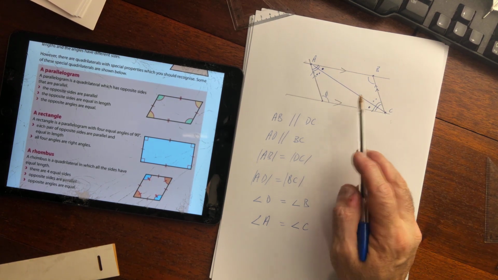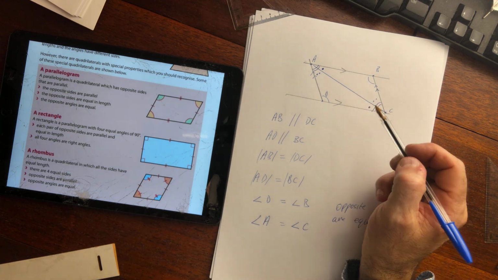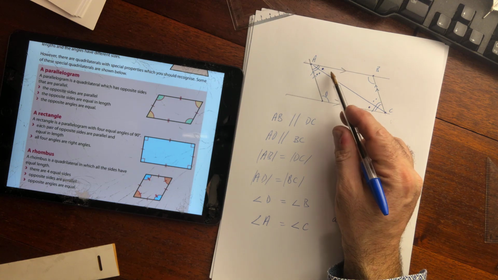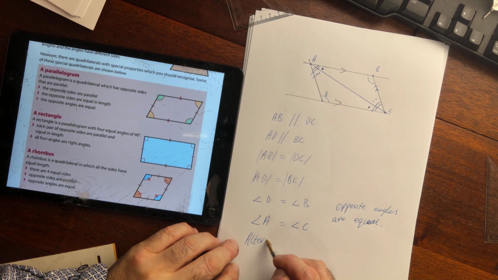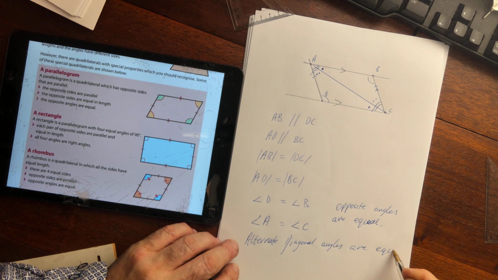So we stick to our guns here now and say that sure enough opposites are equal, and the alternate diagonal angles are equal. Let's write that down. Alternate diagonal angles are equal.